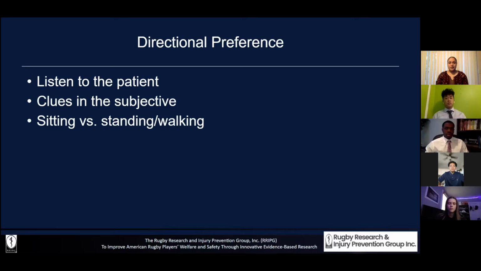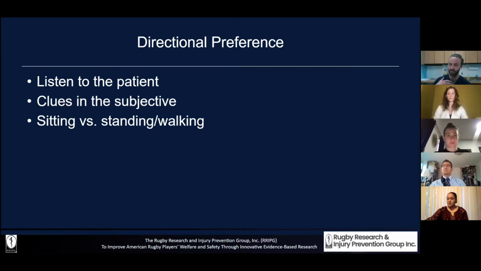Contrary to that, standing and walking, right? Walking is basically repeated mid-range extension for the lumbar spine, for the lower back. So when I'm asking someone what effect standing and walking have on your symptoms, I'm also asking what effect extension has on your lower back pain, right?